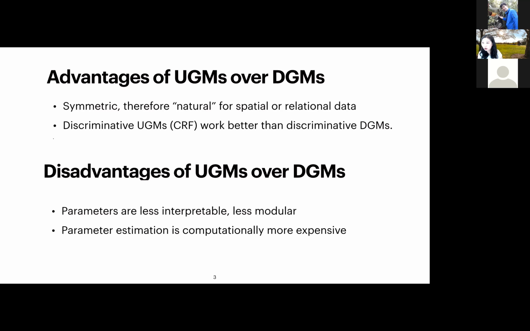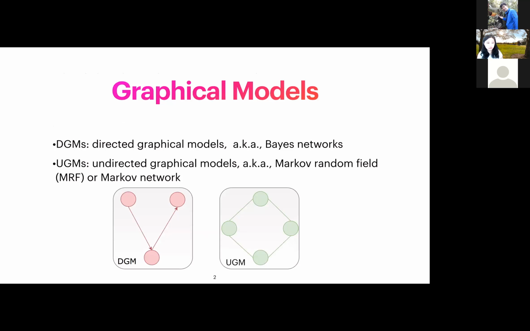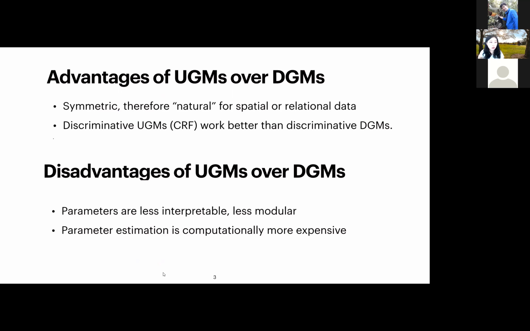The advantage of the undirected graphical model over the directed graphical model is that it is usually symmetric. If I am connected to you, then you're also connected to me. But in a directed graphical model, the connection is one directional. So the undirected graphical model is symmetric, and therefore natural for some kinds of spatial and relational data.